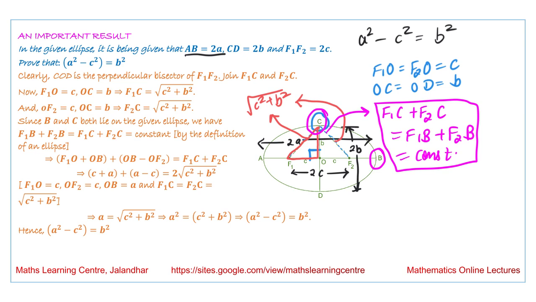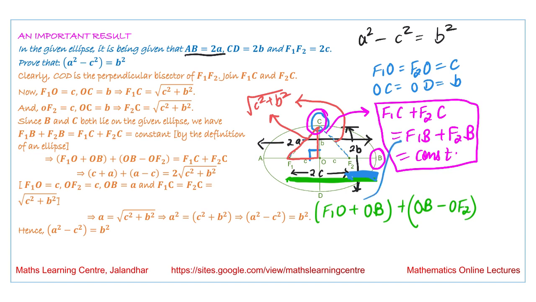So we can write F1O plus OB, which means we are talking about this whole length, plus OB minus OF2. When we say OB minus OF2, it means we are talking about this portion.